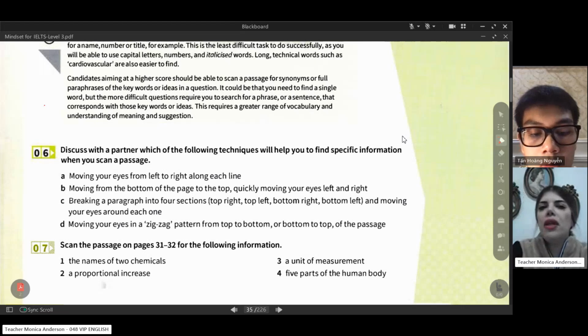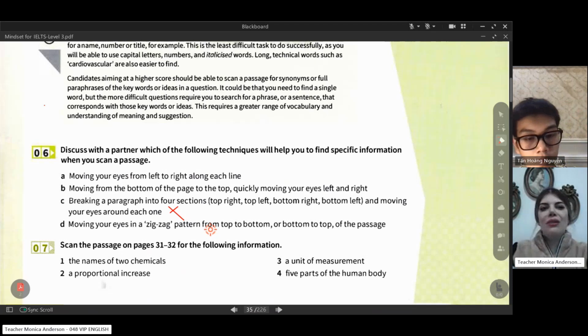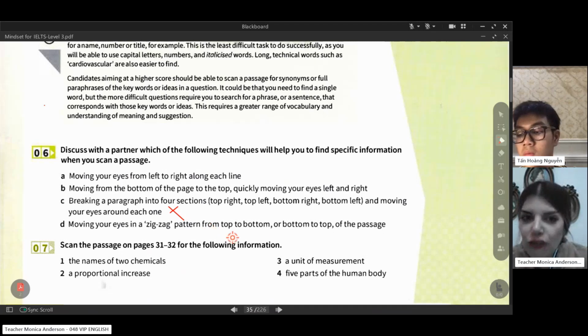To me, I don't like this one. It can make people a bit confused because in IELTS you are already stressed, nervous. Making a complicated pattern, right, left, is not good. Just read it. This is the best method, I think. But of course, they're all useful.